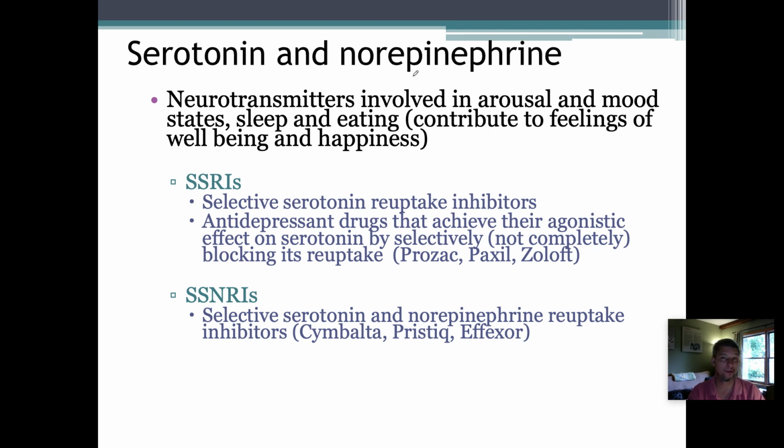You may know someone who's taking one of these kinds of medications as a mood enhancer or an antidepressant. SSNRIs are selective serotonin and norepinephrine reuptake inhibitors, and these work in much the same way as SSRIs. Commercial names for these that are currently on the market include things like Cymbalta, Pristiq, and Effexor. Okay, just so that you know.